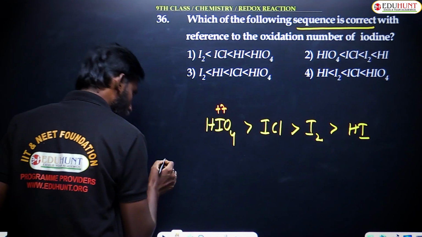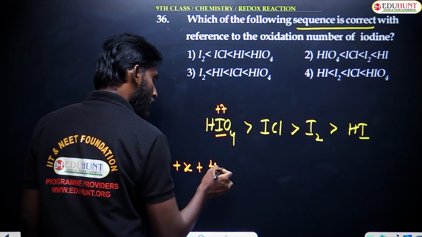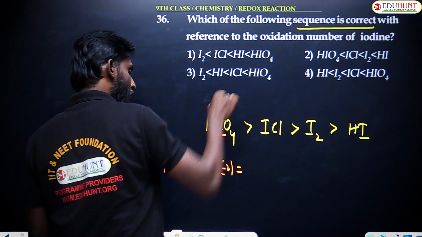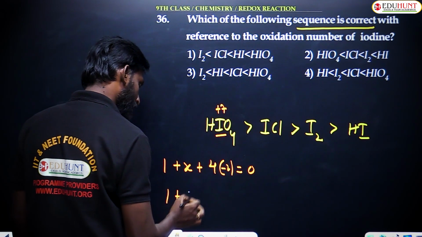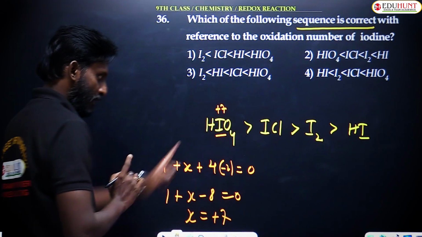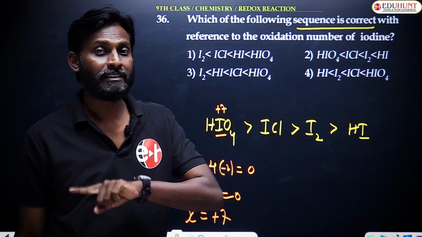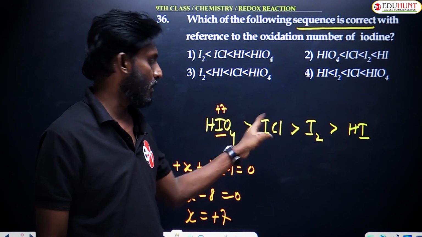How, sir? Hydrogen 1 plus iodine X plus 4 into 2 negative is equal to charge 0. So 1 plus X minus 8 is equal to 0, X comes out to be +7. And here ICl, an interhalogen compound, halogen combined with halogen.